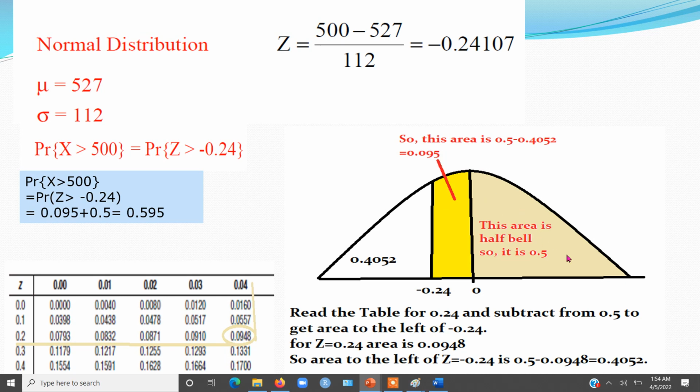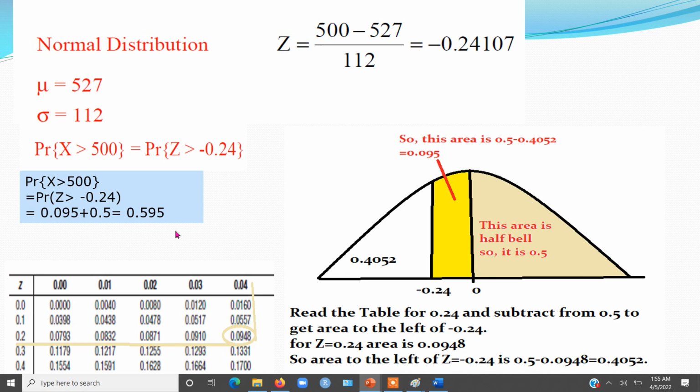The other area is simply half of the bell shape, so it is 0.5. Now I have found the two portions, and I can simply add them: 0.095 plus 0.5 gives me 0.595.